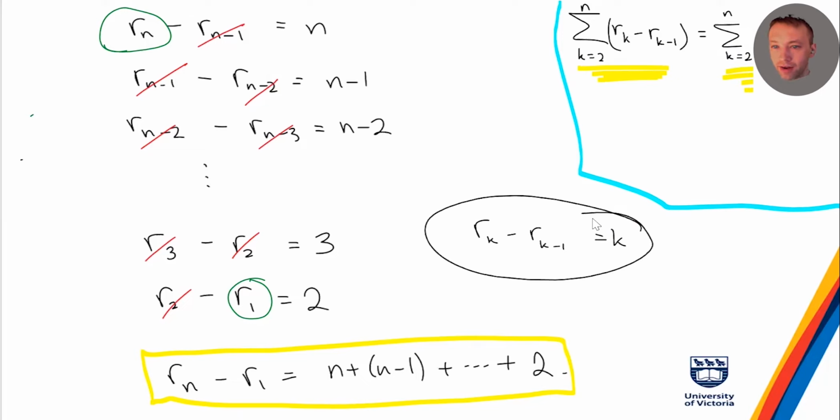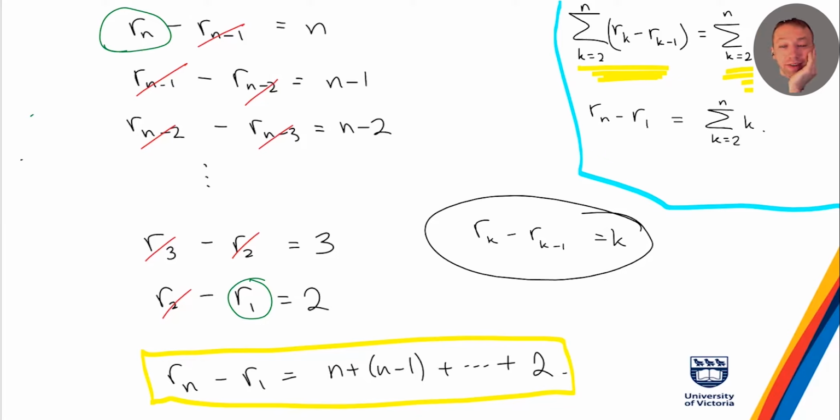Everything comes with a positive and a negative and cancels, except for Rn and minus R1, and I still get the same thing on the other side. So is that clear? I think this is a slick trick.